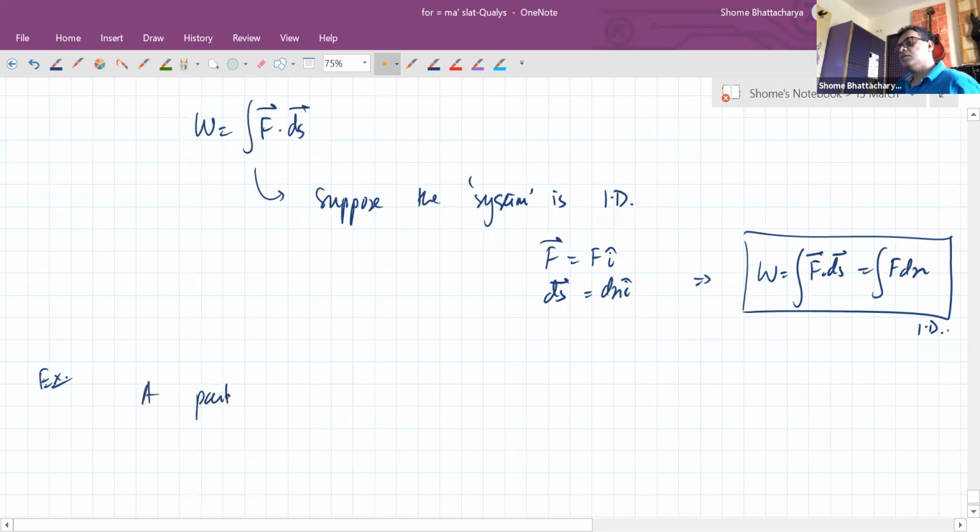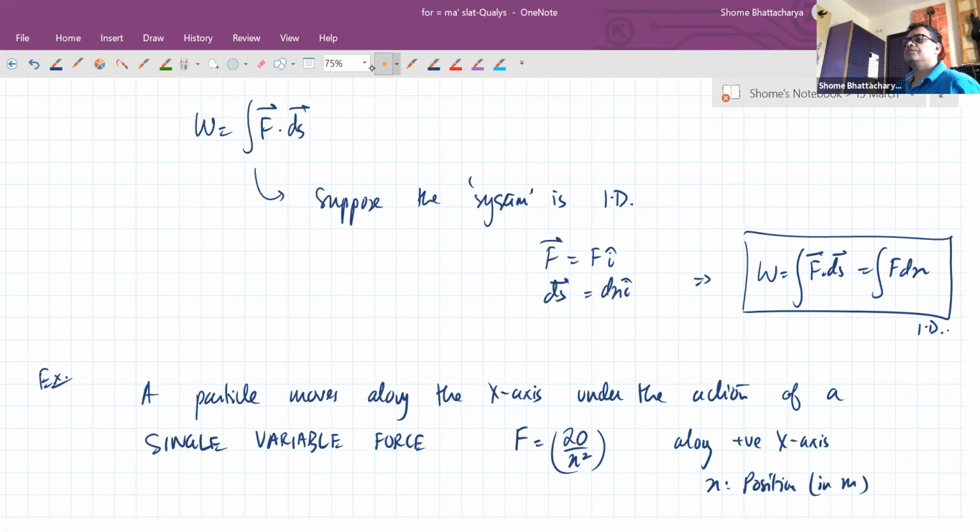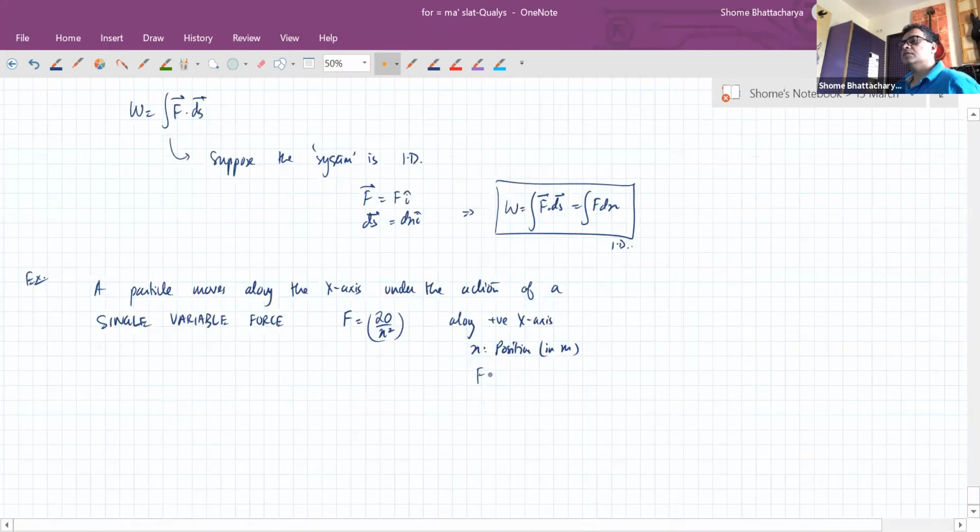A particle moves along the x-axis under the action of a single variable force F equal to 20 upon x square along the positive x-axis, where x is position in meters and F is force in newtons.